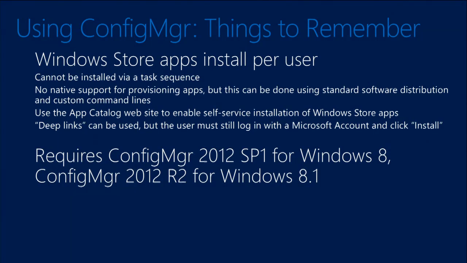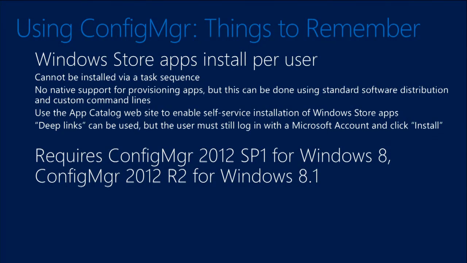That means that if you're doing operating system deployment using Config Manager task sequences, you can't install apps as part of a task sequence. Task sequences run as a local system account. They don't run as a user. So even if you could install an app as part of a task sequence, it wouldn't be executable by any user. It would only be executable by local system, and no one can ever log in as local system anyway. So no support for installing apps as part of a task sequence.